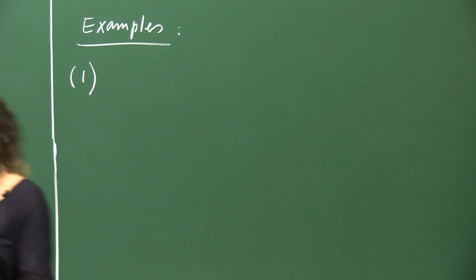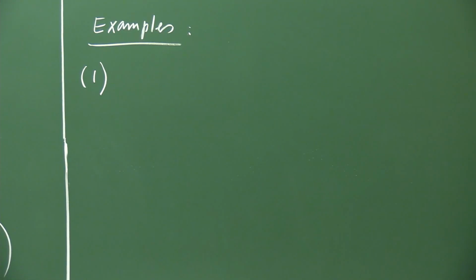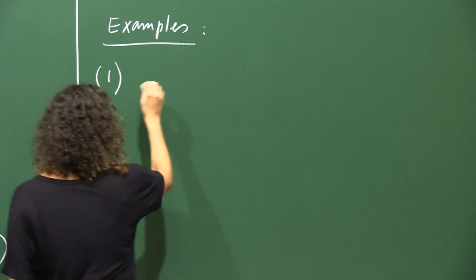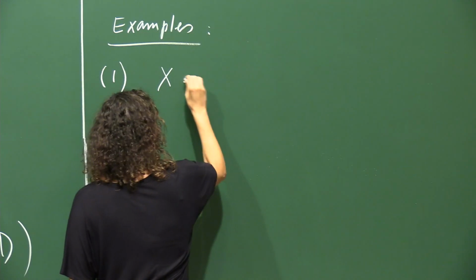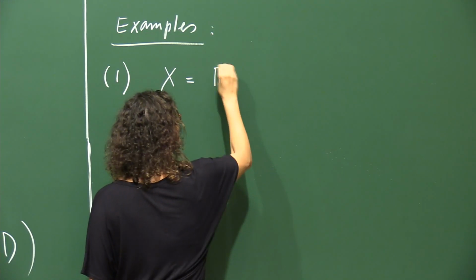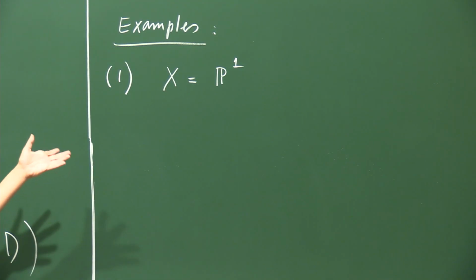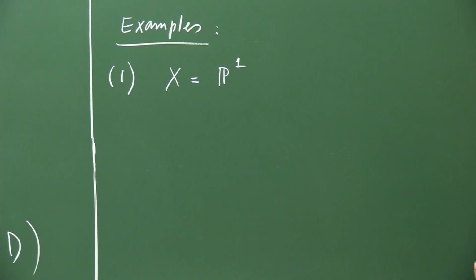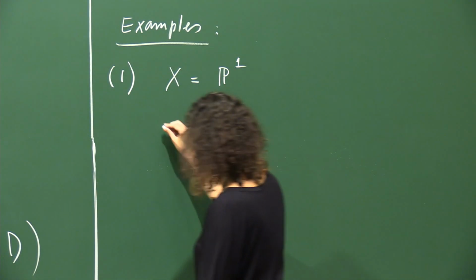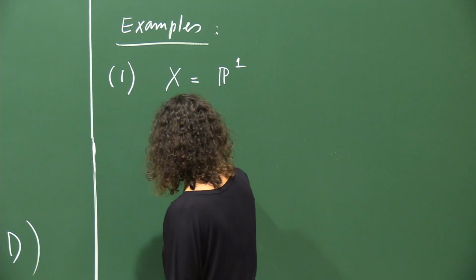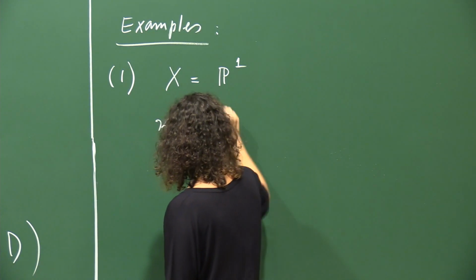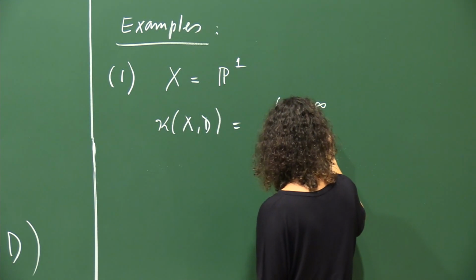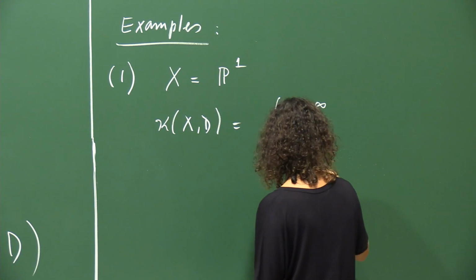Now the interesting thing is that even though the compactification has a lot of freedom, let me just give you an example of what happens in dimension 1. Let's take X equal to P1. Then U is an open curve, a rational curve. Here there are the following possibilities for the Kodaira dimension of the pair: minus infinity, 0, or 1.